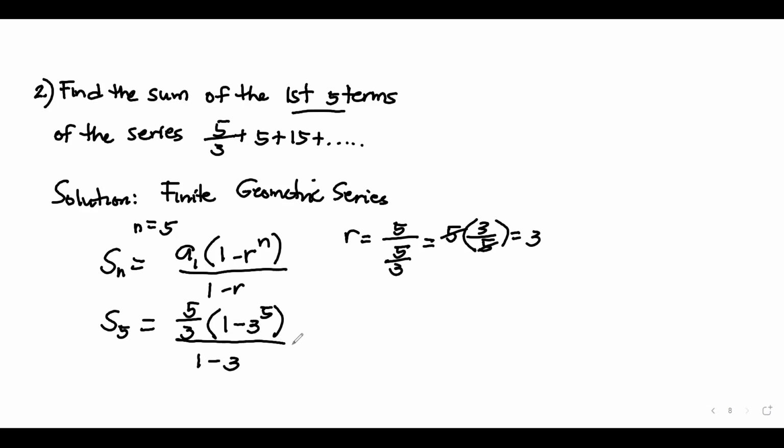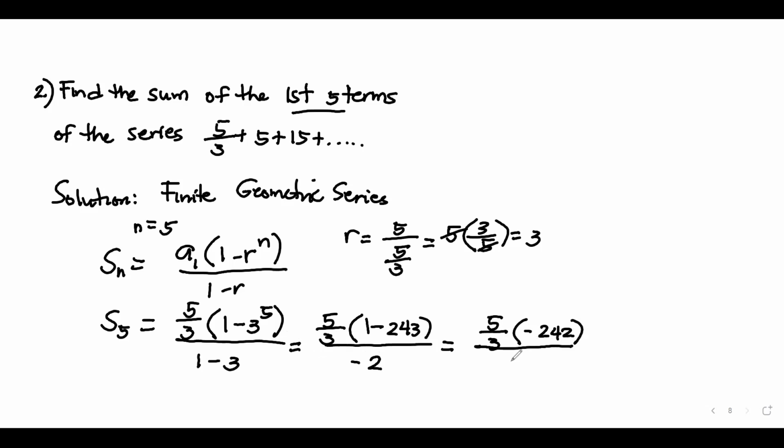Then simplify. We'll have 5/3 multiplied by 1 minus 3 to the 5th power, that is equal to 243, all over 1 minus 3, which is -2. Then simplify: 5/3 multiplied by 1 minus 243, that is -242, all over -2.